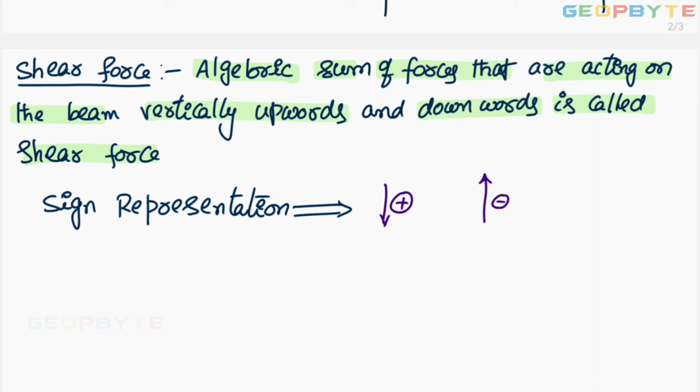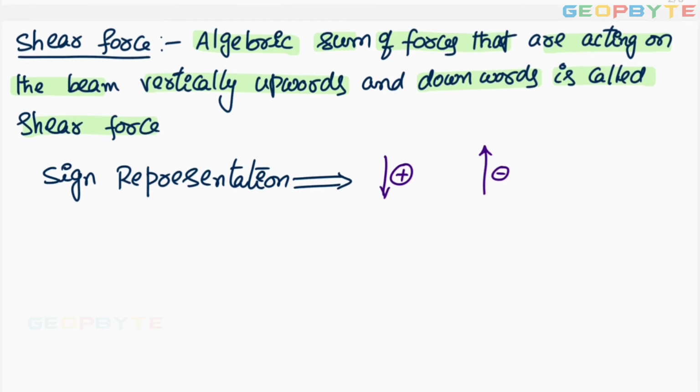This information is very important for constructing the SFD and BMD, meaning shear force diagrams and bending moment diagrams. Once again, downward force is generally taken as positive, upward force is taken as negative. You try to remember this point. This is a very important point.